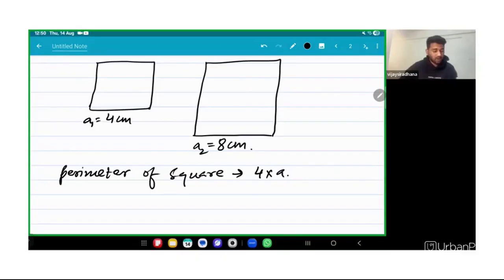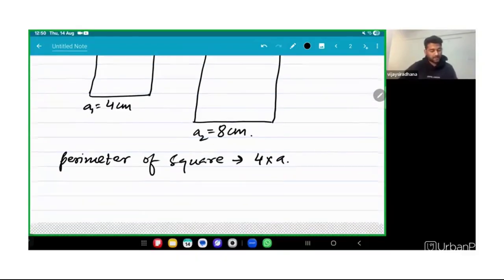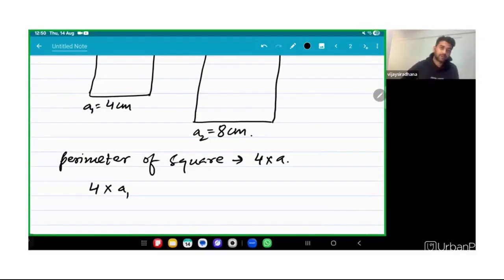Now, if I find the perimeter of the first square, then I should give 4A1, right? And the perimeter of the second square will be 4 into A2. Now, over here, this 4 is nothing but the constant.